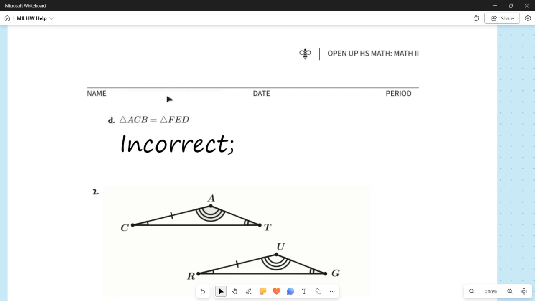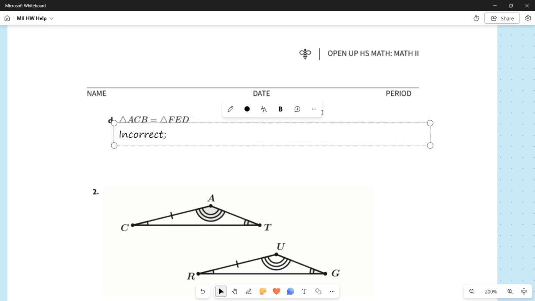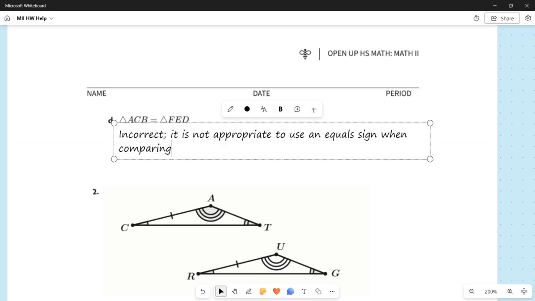Even if you were not given a picture here and you were just given this statement and you didn't really know anything about the triangles, this statement is not going to be correct because it is not appropriate or accurate to use an equal sign when comparing triangles.